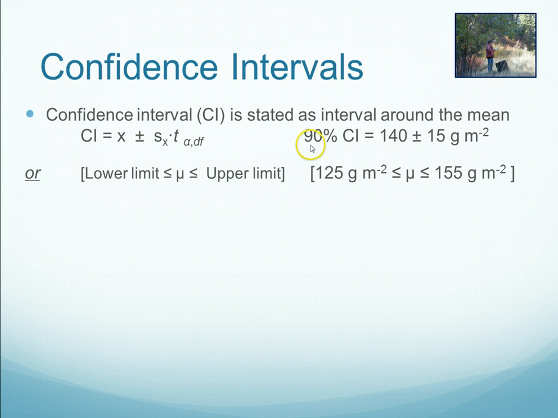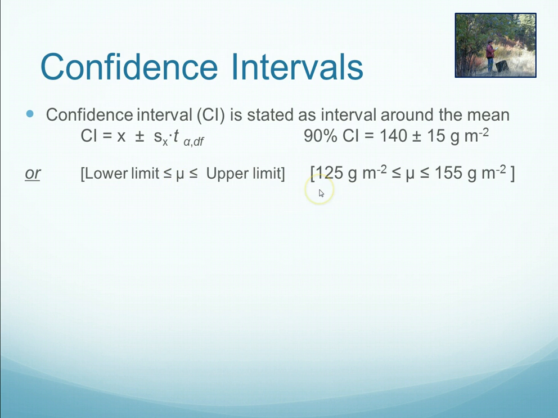Here's an example. A 90% confidence interval equals 140 plus or minus 15 grams per meter squared. Note that in confidence intervals we also always include the unit of measurement. Another way of reporting a confidence interval is as just the interval. So we report the lower limit and the upper limit of the interval with the mean in the middle.